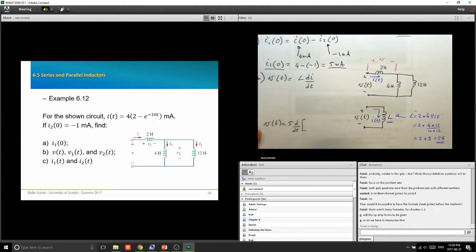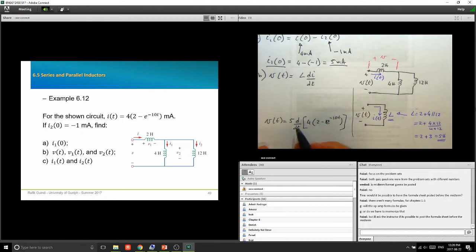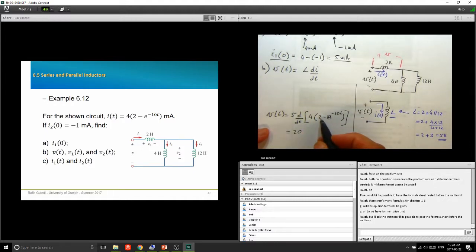This current up here, which is 4 times 2 minus e to the minus 10t. And be careful, this is in milliamps. So what you have, the 4 can come out here, you have 20. And then d by dt of 2, that's nothing. And then you have here minus sign and d by dt of e to the negative 10t.